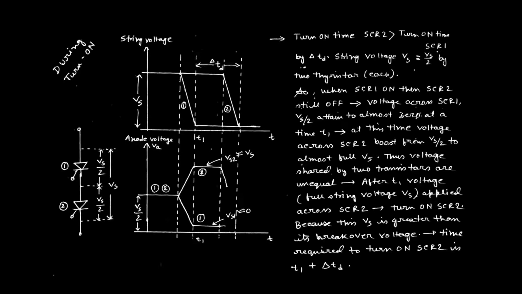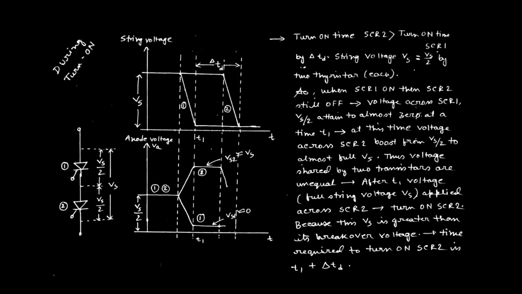See, we know the two SCRs, SCR1 and SCR2, both are connected in a string. And by using that amount of resistance R, now the supply voltage Vs is equally distributed across SCR1, that is Vs by 2, and for SCR2, that is again Vs by 2.